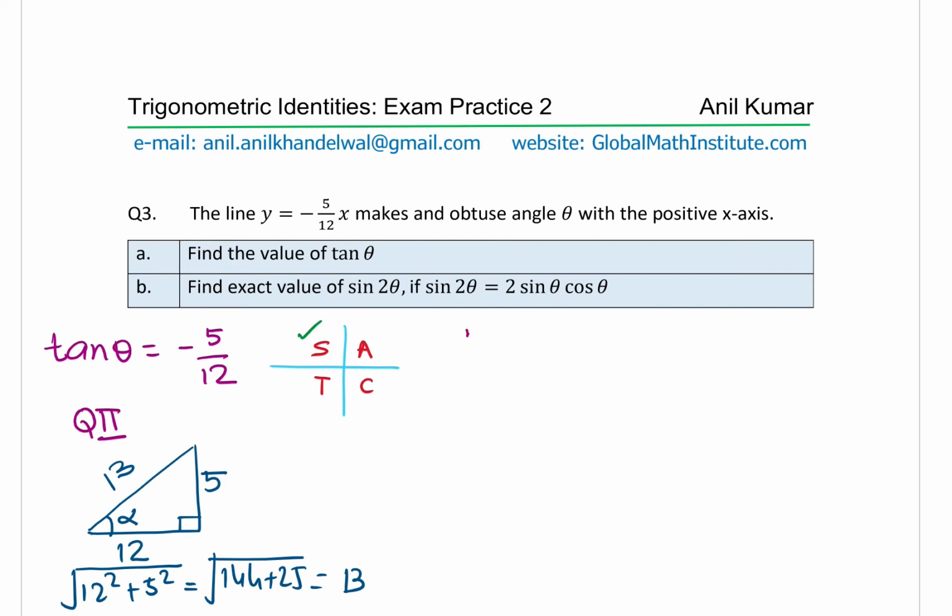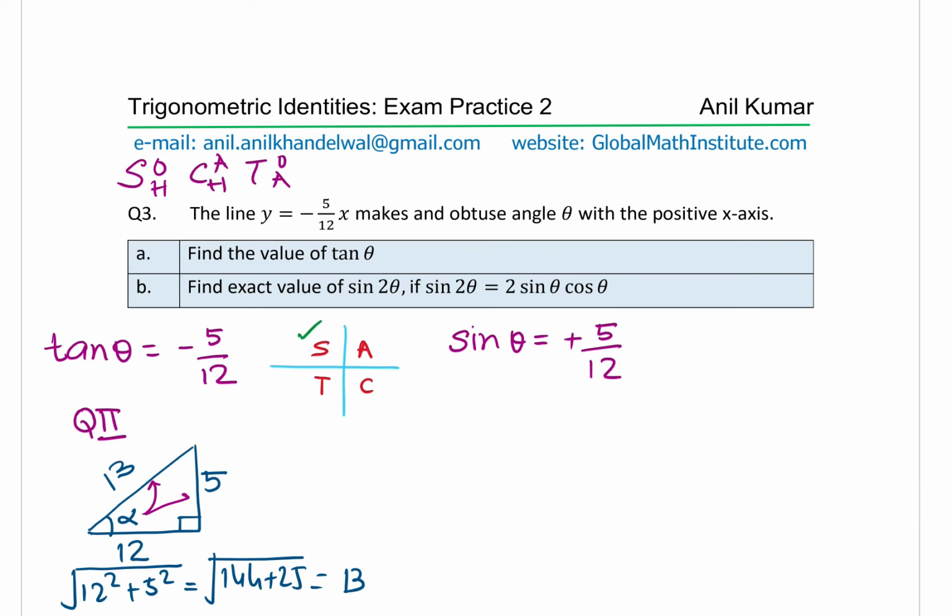So we'll write sine theta as equal to positive 5 over 13. Right? So how do we get that? We know sine is a ratio of opposite to hypotenuse, cos is adjacent to hypotenuse, tan is opposite to adjacent. So we get opposite to hypotenuse as sine.